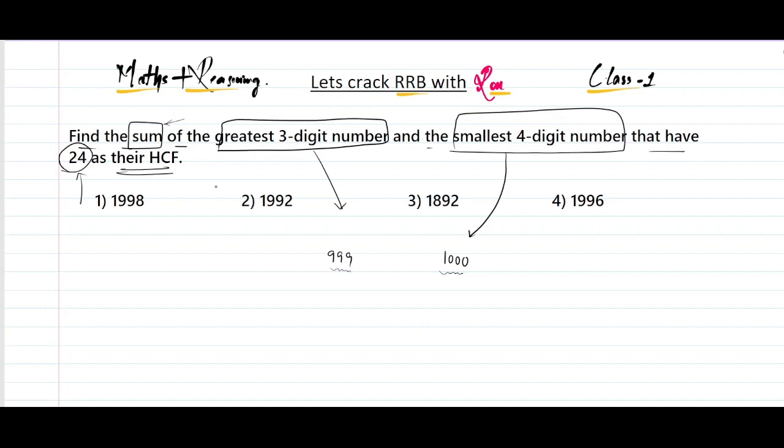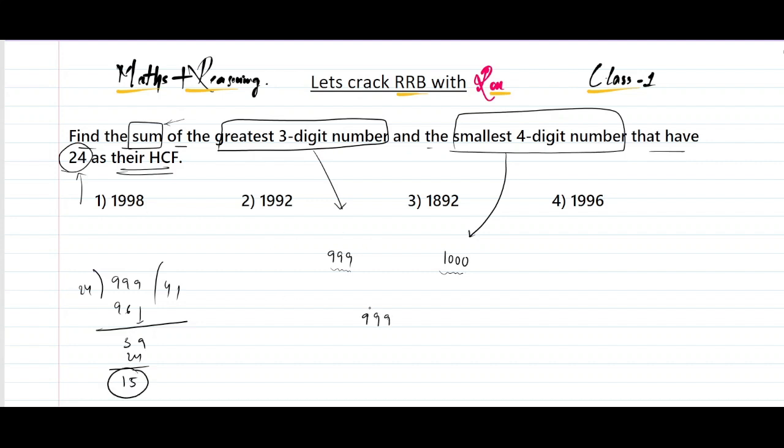Okay, see, easy only. First take any number, either 999 or 1000. If you take 999 and divide it by 24, see, 24 4s are 96, 39, and 24 ones are 24. I will be left with 15. See, listen carefully.